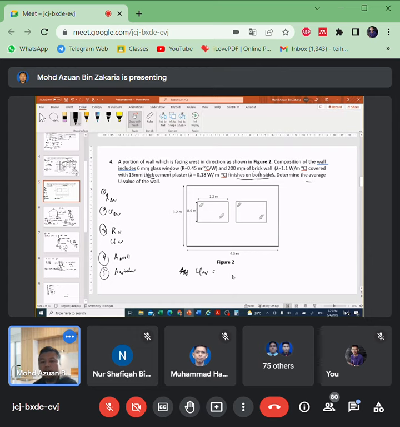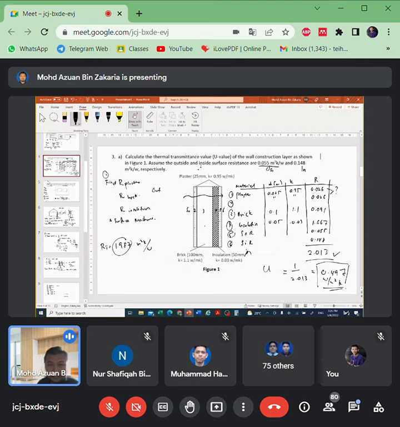So this means area brick wall times U value brick wall, plus area of glass times U value glass, and then divided by total area. In this case, I didn't inform about surface temperature.